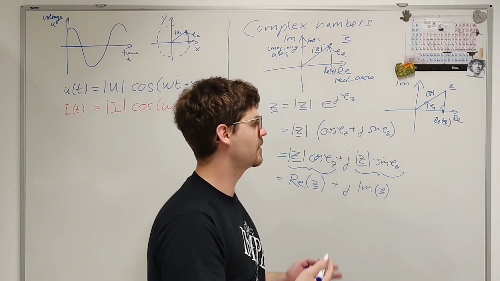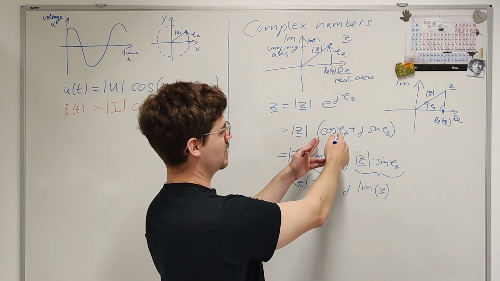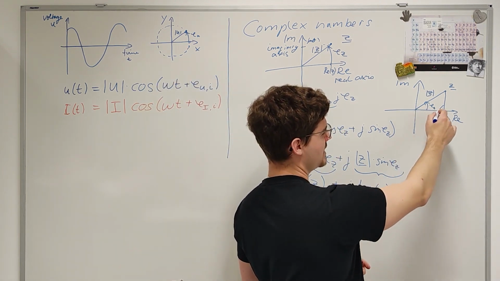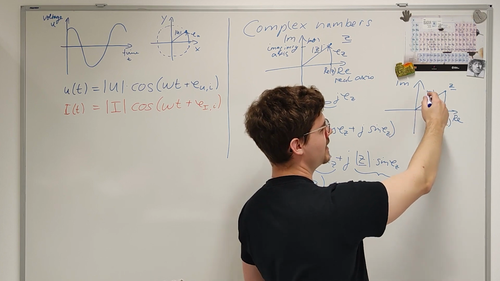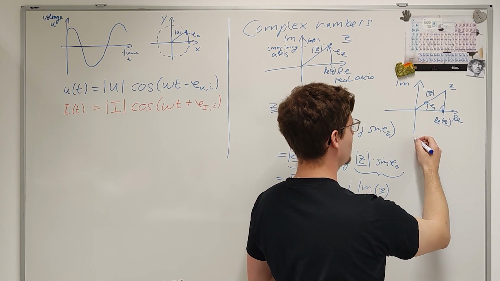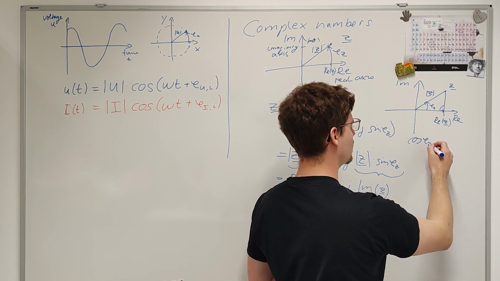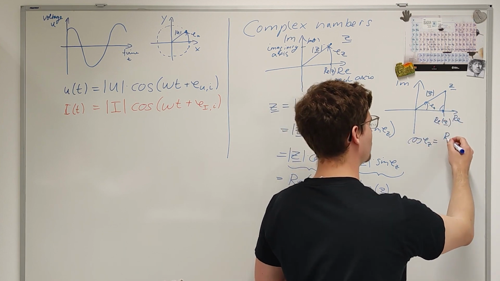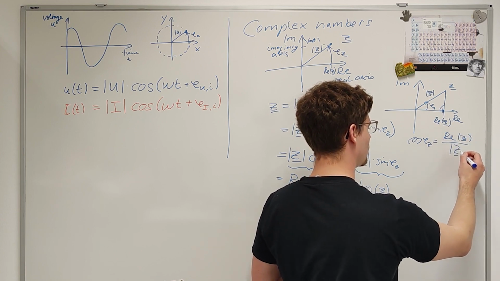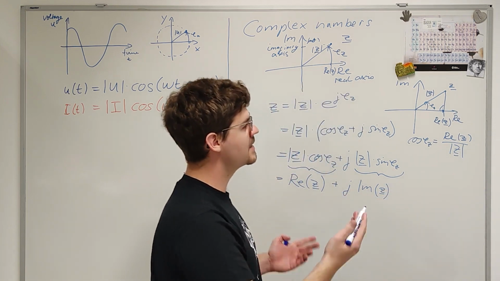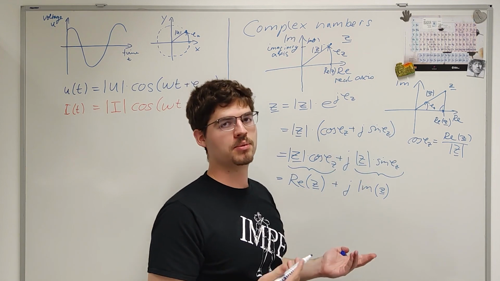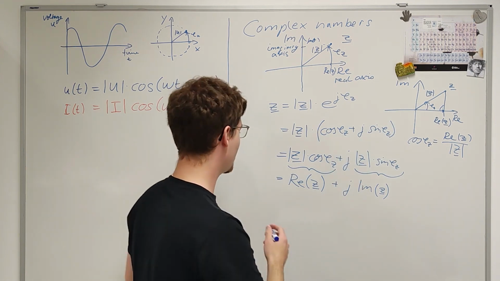And what this means is that, for example, the cosine of phi z is this side of the triangle divided by the magnitude, the longest side, the hypotenuse of the triangle. And this is how these values relate. This calculation can be performed analogously for the sine.